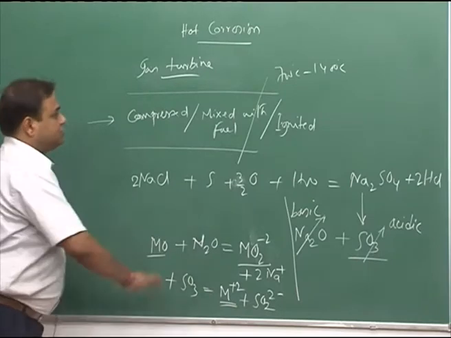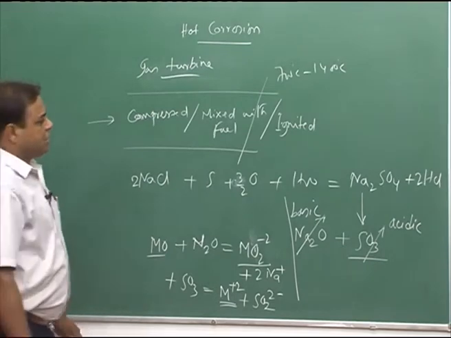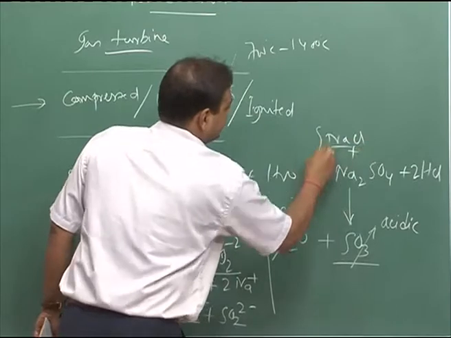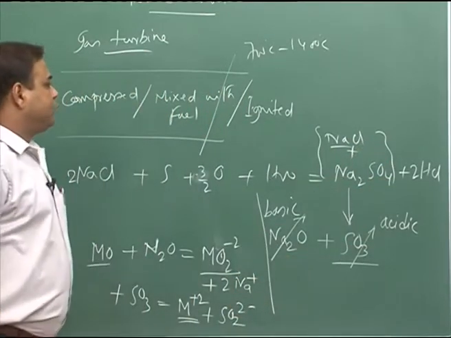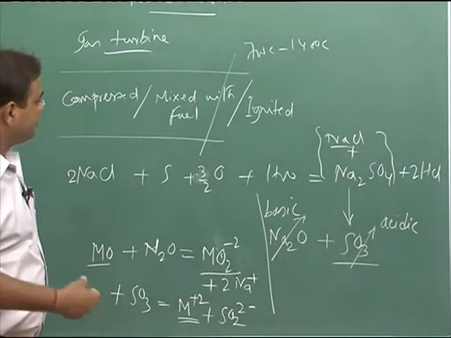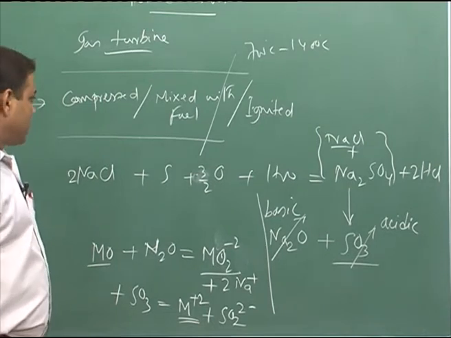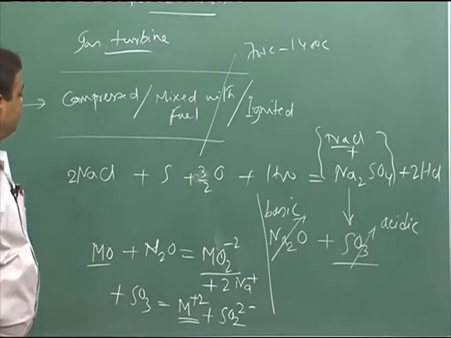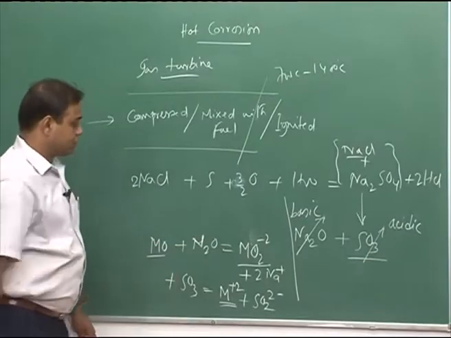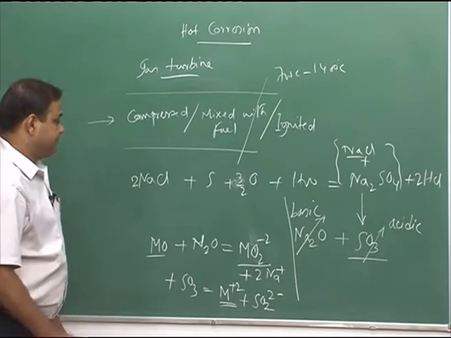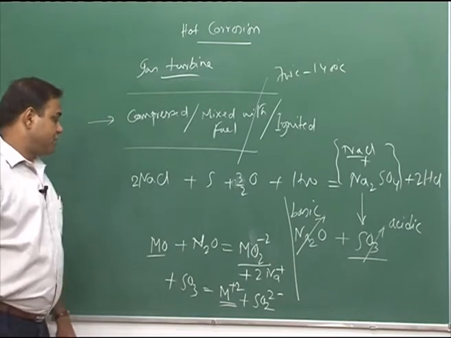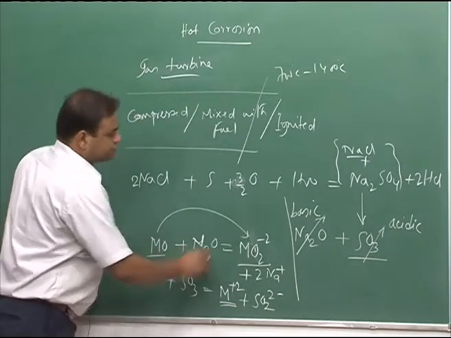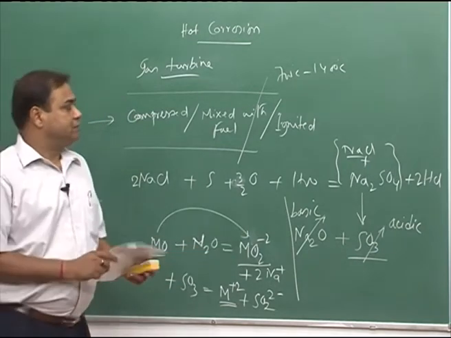This is actually the hot corrosion effect, and this plus NaCl can form a low temperature eutectic, which would also not be good. So this is basically hot corrosion. We can see that it is not a corrosion effect where we have an oxidation or reduction process; rather, it converts the oxide to a non-protective scale.